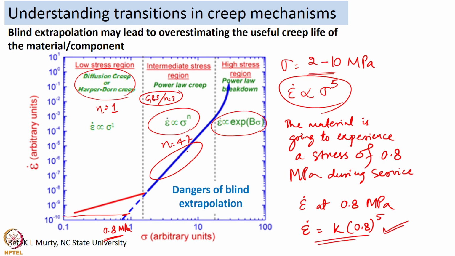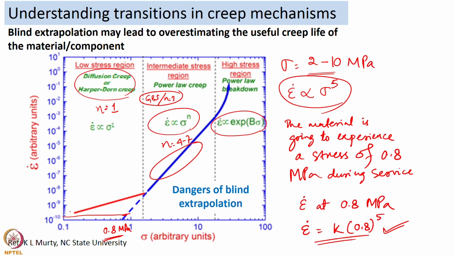But as I mentioned earlier, as you go down in stress values, materials could undergo a transition in deformation mechanism. Typically at low stresses you could actually be in the diffusion creep regime, and the strain rates of deformation associated with diffusion creep are very different compared to those associated with power law creep.